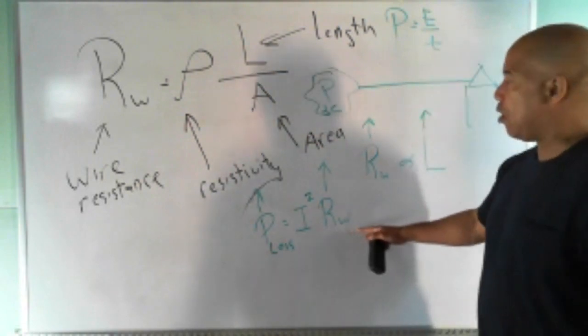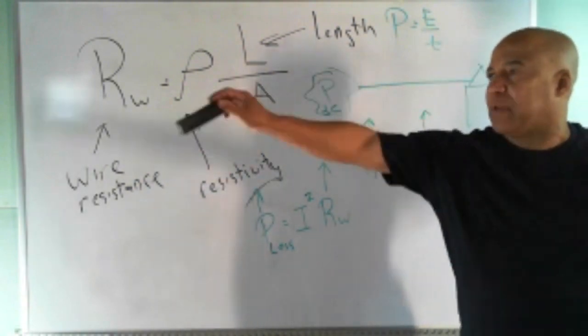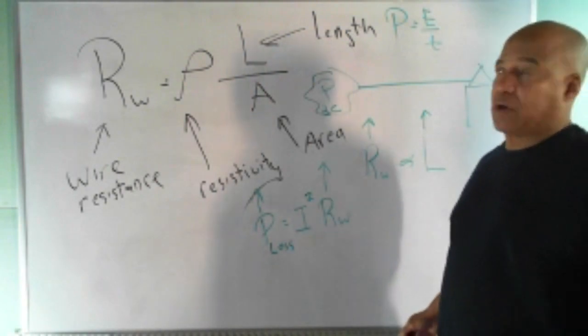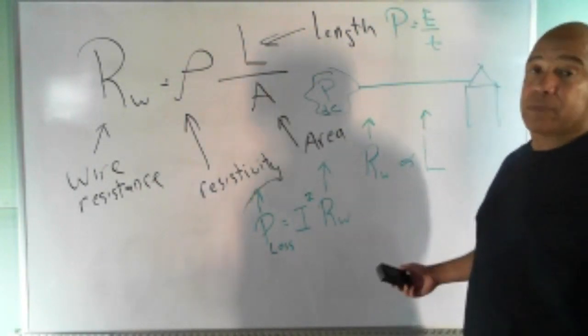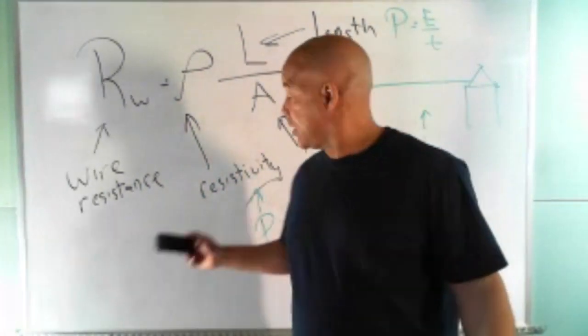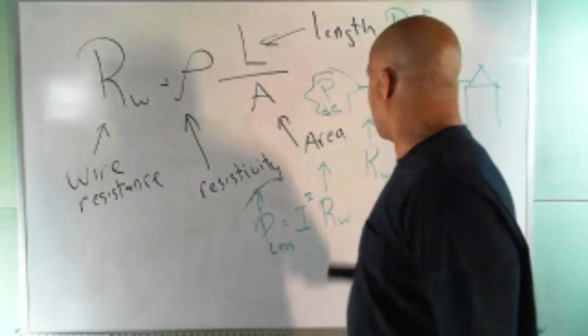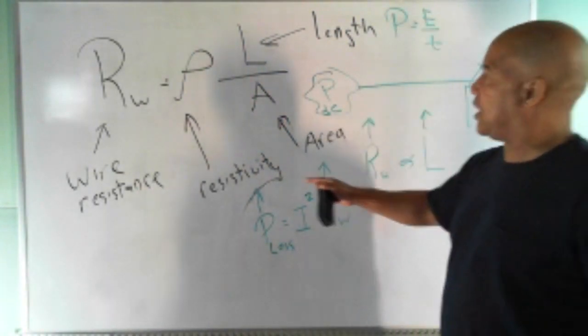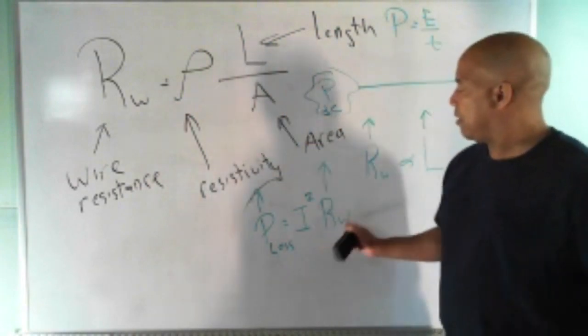So by having long wires distributing power throughout the city, there's a huge power loss. Edison's system worked. It's better than nothing. I mean, before that, they had candles. So his system was better than a candle, but it wasn't very efficient because of this relationship between R sub W and L, causing great power loss.